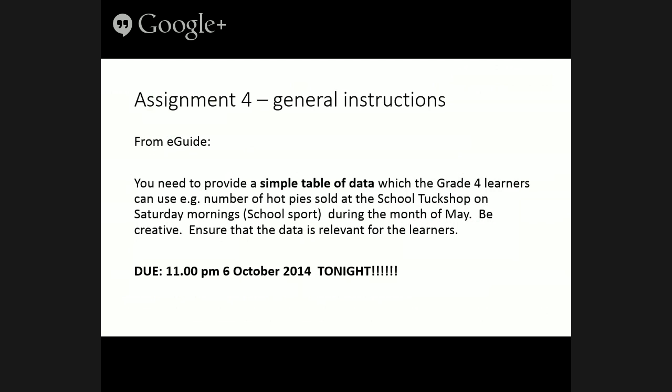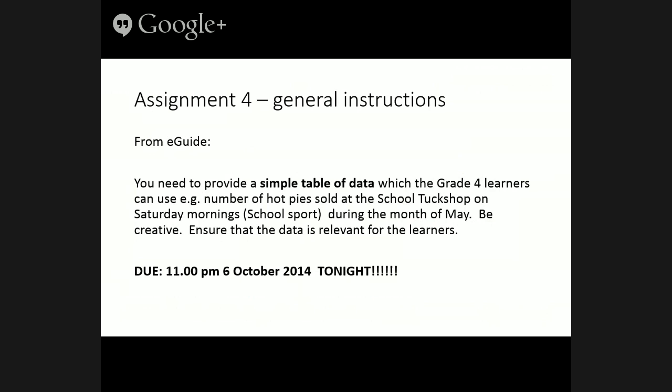Just look at your instructions for assignment 4, where you need to provide a simple table of data with exercises linked to it for grade 4 learners, and your context was given in terms of a school tuck shop selling hot pies on a Saturday morning during the month of May.